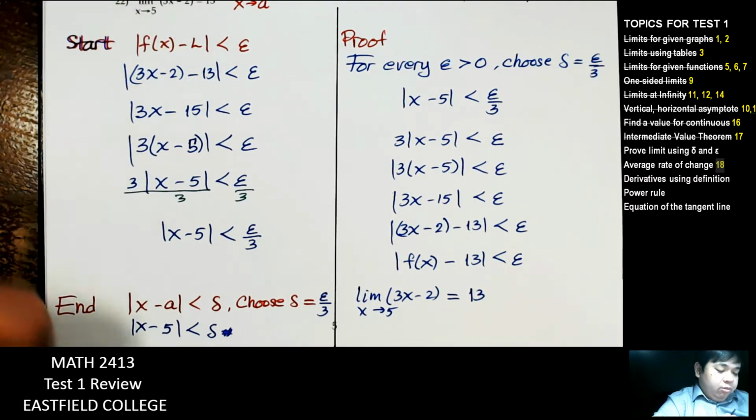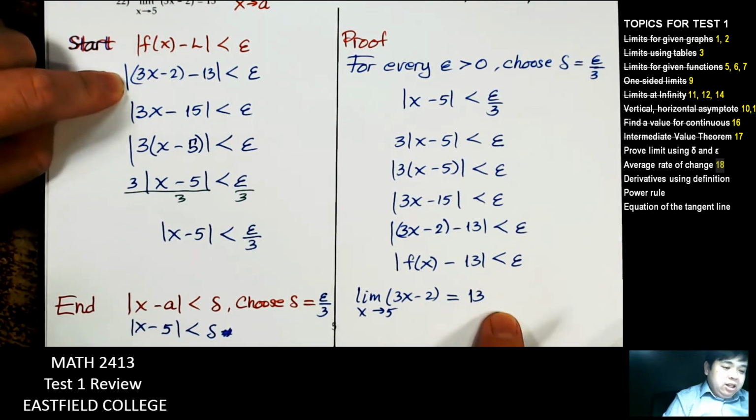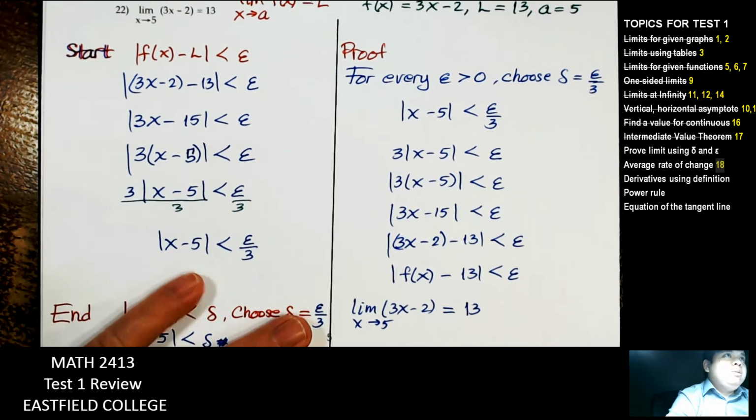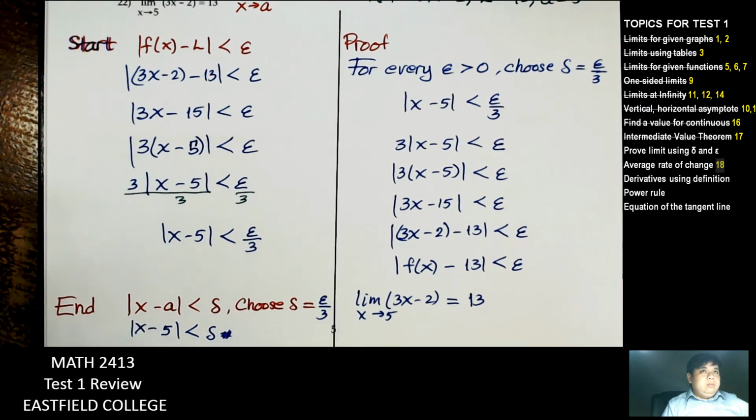And when we have that final statement, we repeat the limit statement, something that we just proved. So that is proving something using delta and epsilon.